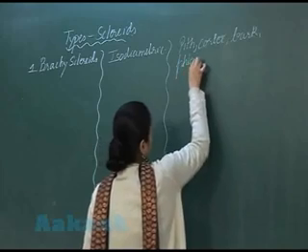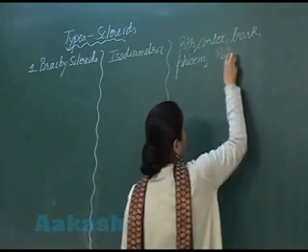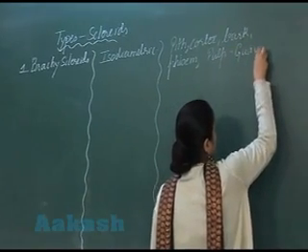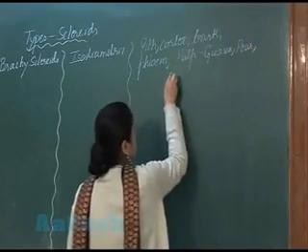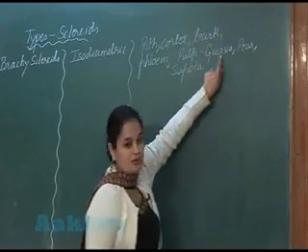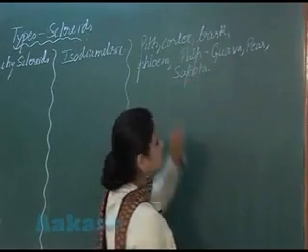phloem, as well as in the pulp of fruits like guava, pear and sapota. Guava, this is amrud, this is nashpati and this is chiku.